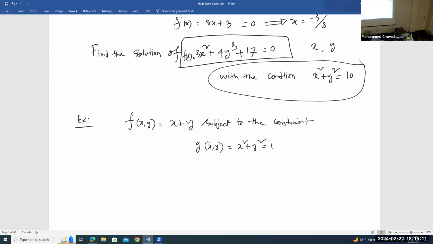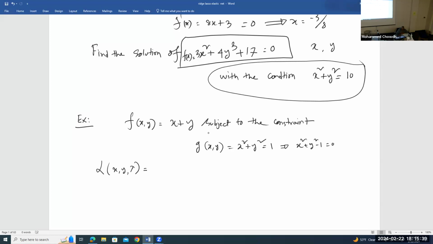So can I write it this way? x square plus y square minus 1 equal to 0. Now I can write the Lagrange. What does Lagrange mean? Here is the unknown x, unknown y. This is L, which stands for Lagrange, and then lambda.